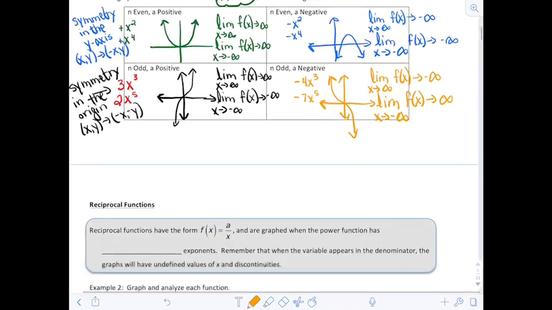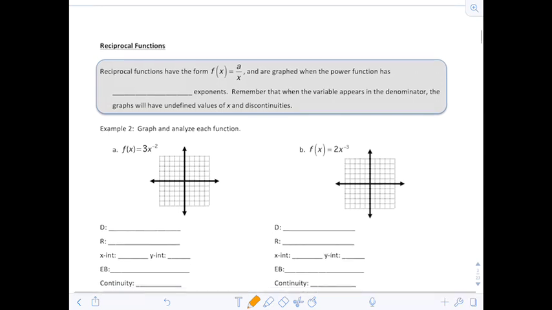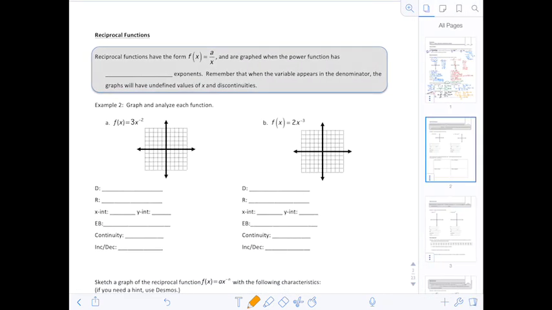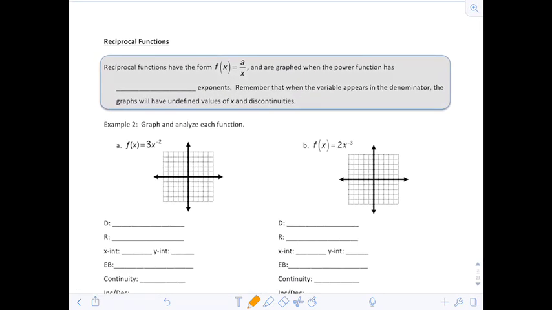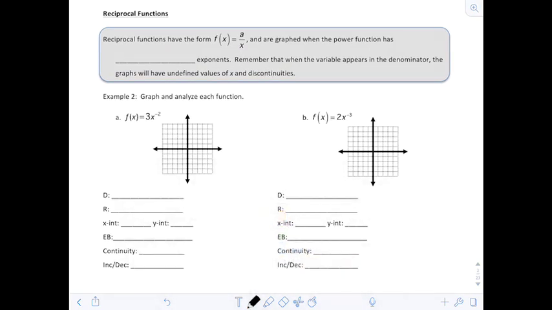Okay, now we're going to go to reciprocal functions. Okay, so reciprocal functions, again, we've studied these in Chapter 1. We're going to do them again here, and as we go throughout the chapter, we'll do a bit more work with them as well. So reciprocal functions have the form f of x equaling a over x.